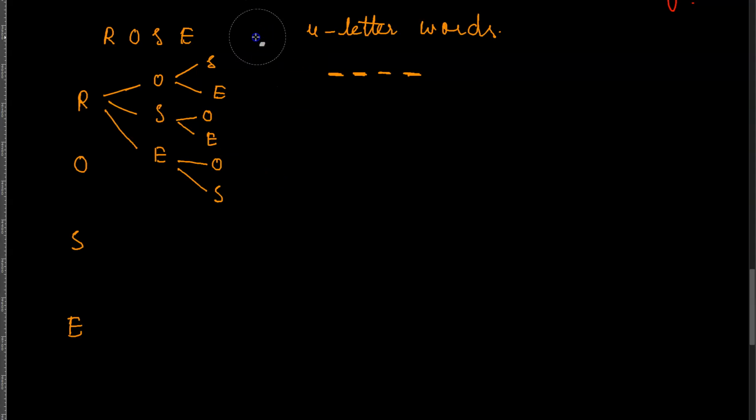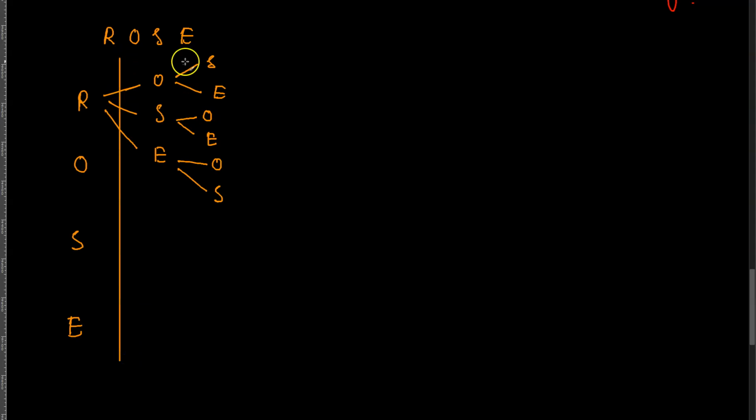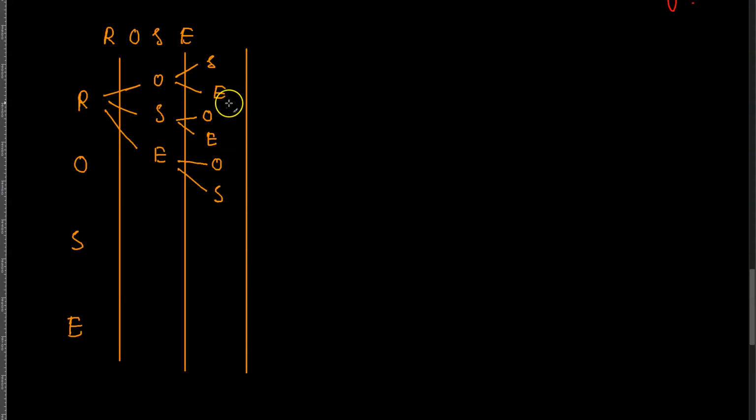Now, we have chosen 1, 2, and 3 letters here. So this is the first letter, this is the second letter, and this is the third letter. Since we have chosen 3 letters already, there is only 1 choice left, because we had 4 choices and 3 of them have already been made, which means that only 1 letter is left.